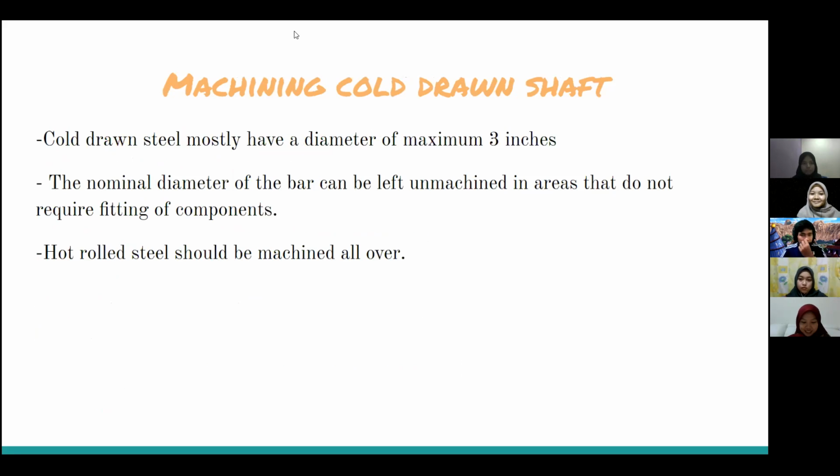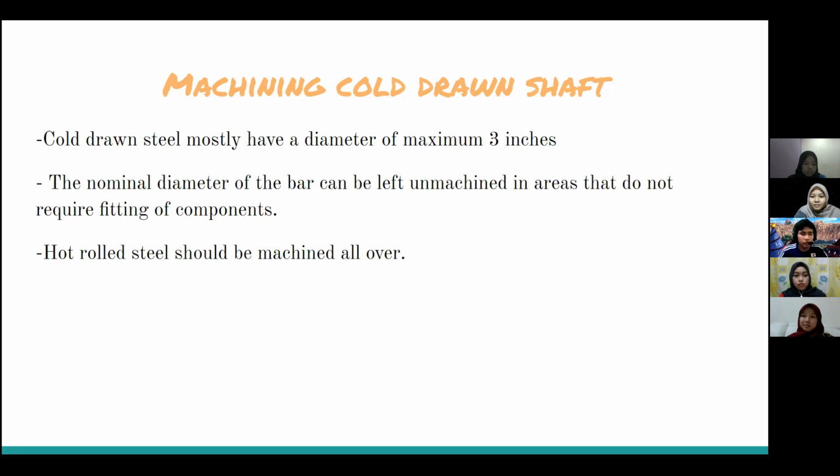For the machining of cold round shaft, basically in the market, we can have cold round steel with the maximum diameter of 3 inch. In the project, if we just need a bar that can have such as 1.5 inch or 2.0, we can have machining process.